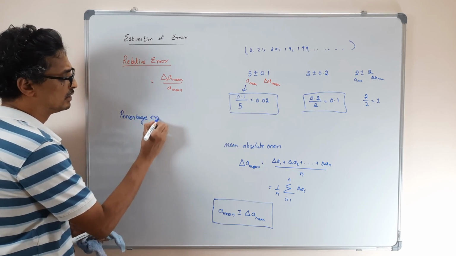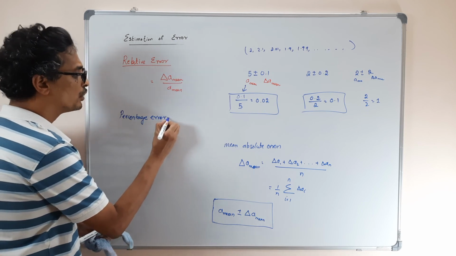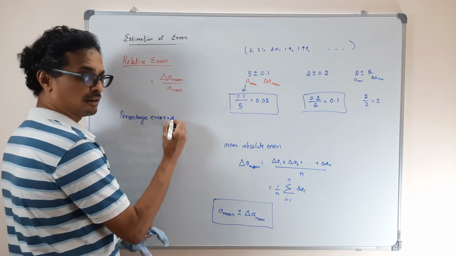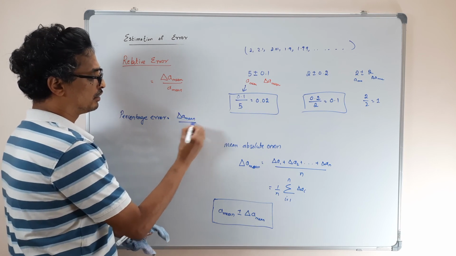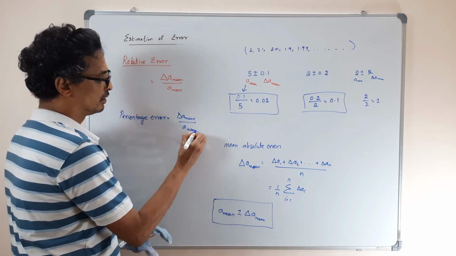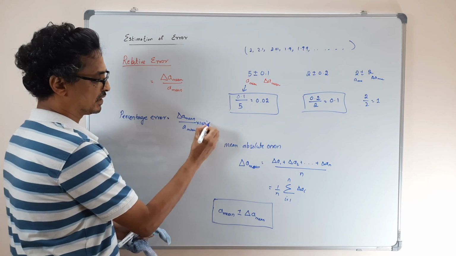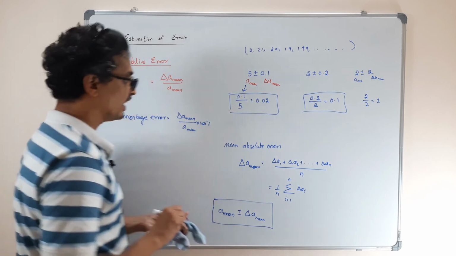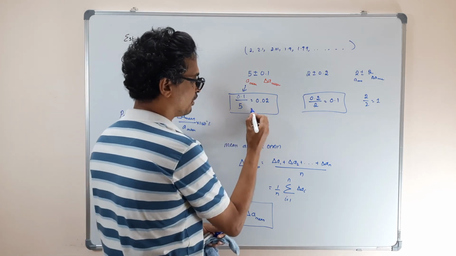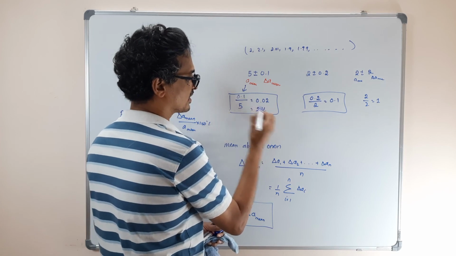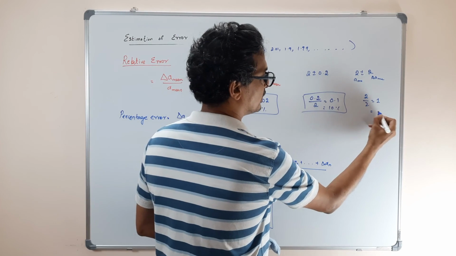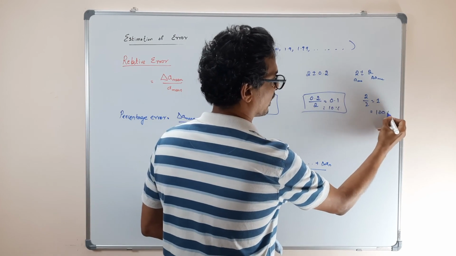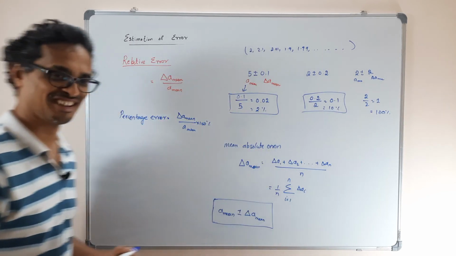Percentage error is nothing but your relative error multiplied by 100, that is delta A mean divided by A mean into 100 percent. So in this case, relative percentage will be 2%, in this case 10%, and in this case 100% error. Very good. You got it?